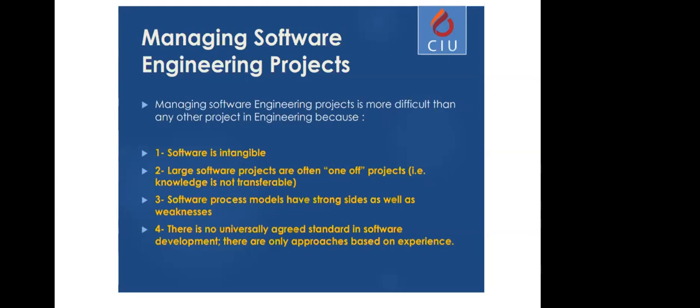So the process models themselves also differ. So the way that project is managed is different as well. So you need to understand the strong and the weak sides of the process models being followed to develop that specific project, which makes it even more difficult.